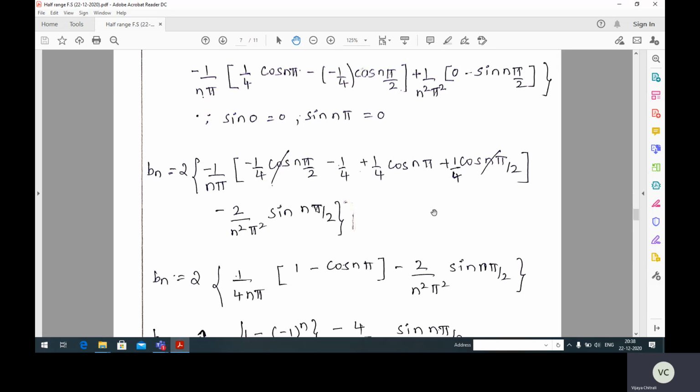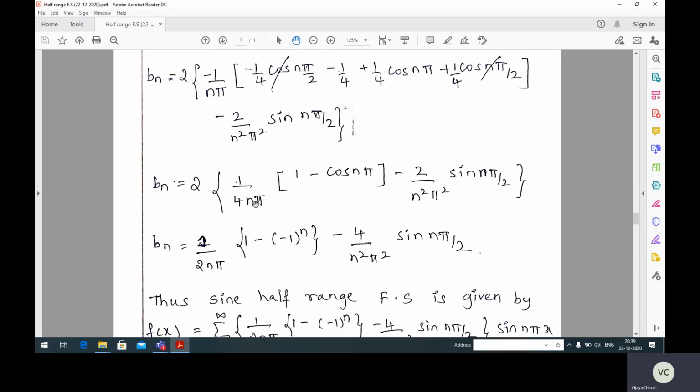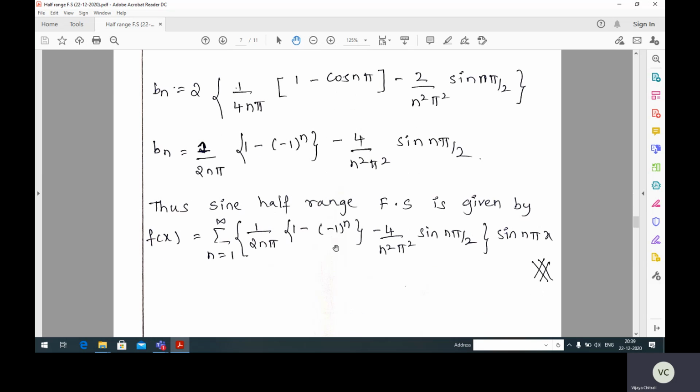Take 1 by 4 common for both terms. You'll get 1 minus cos n pi outside, minus 2 divided by n square pi square sine n pi by 2. Now multiply 2 to both terms: 1 upon 2 n pi, 1 minus minus 1 raised to n, minus 2 into 2 is 4 divided by n square pi square sine n pi by 2.